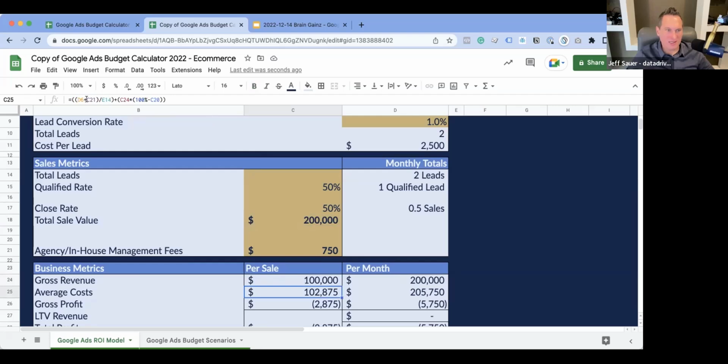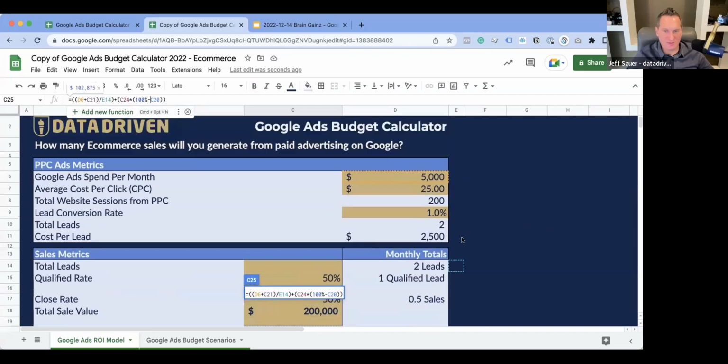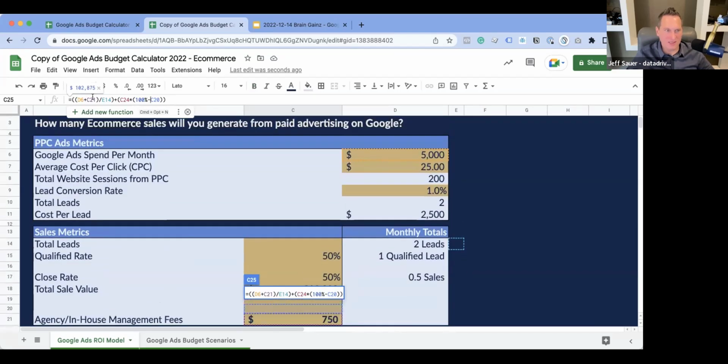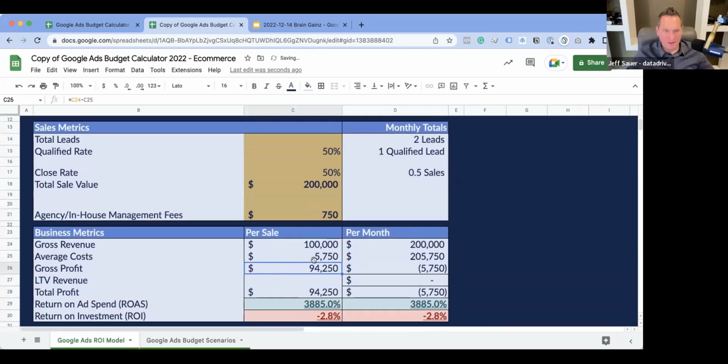The average cost, I need to correct this thing. You can see how the sausage is made a little bit here. So the average cost is going to be 5,000 plus 750. So they're making 100,000 in revenue off of 5,750 in sales. That's super profitable in that case.